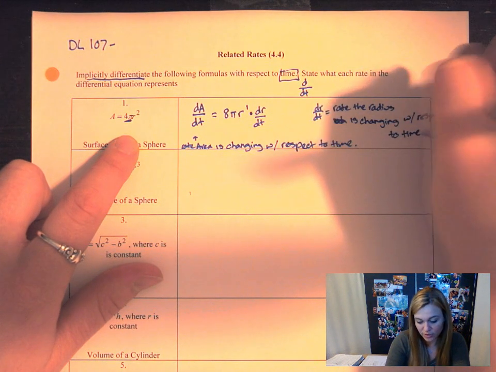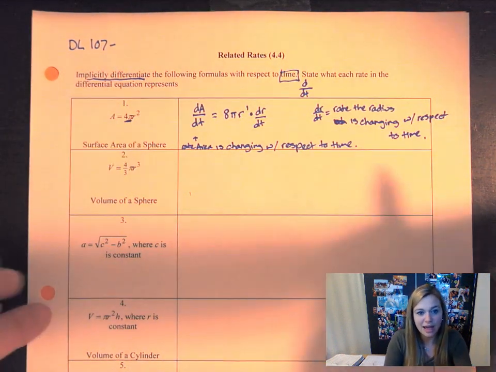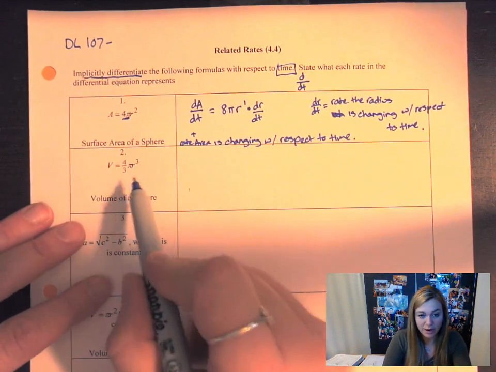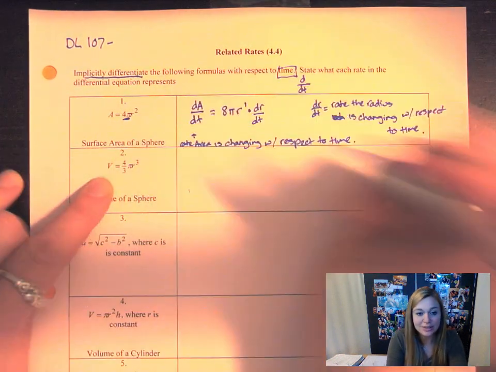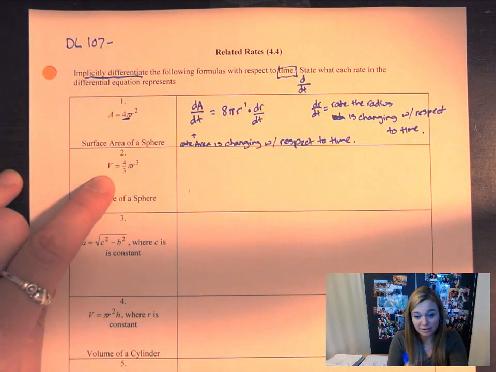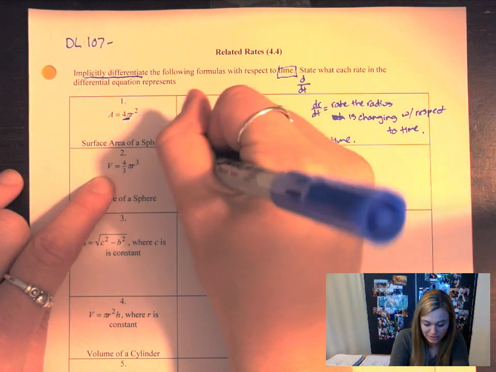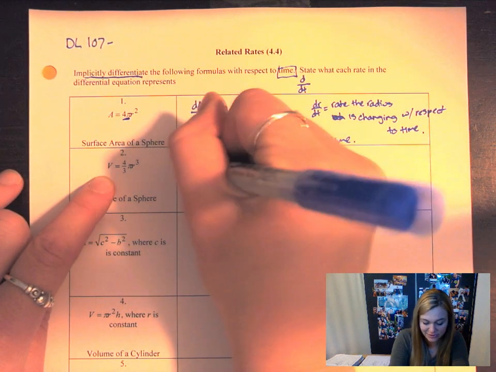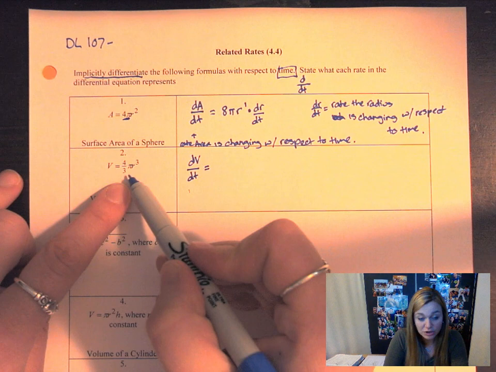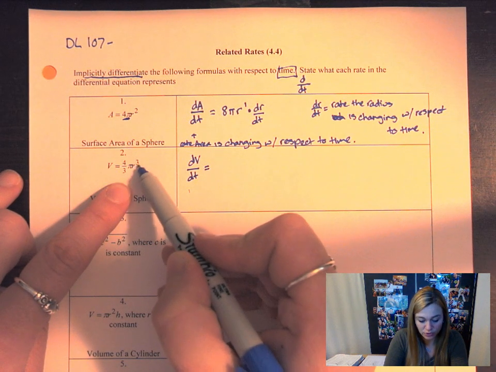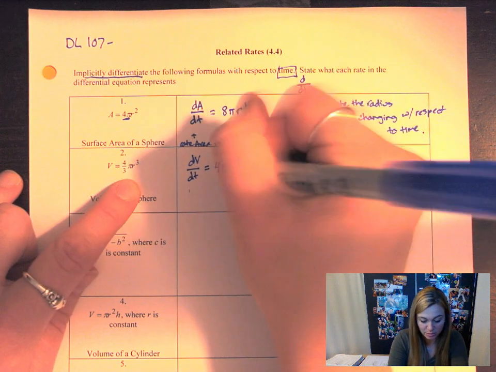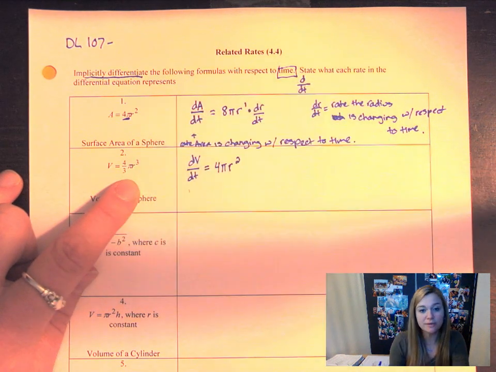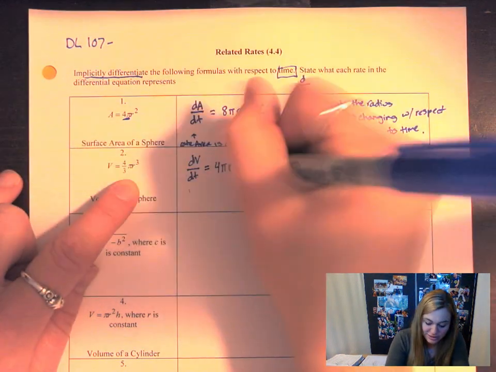Okay, let's do another one. So if I've got volume of a sphere is 4/3 pi r cubed, so this is volume, the stuff inside of a sphere, and I take the derivative of V, it'd be 1, but then because this is implicitly differentiated, I would have to say dV/dt. 4/3 pi is just a coefficient again, so 3 times 4/3 would be 4 pi, still I just keep it along for the ride, r squared, times dr/dt.